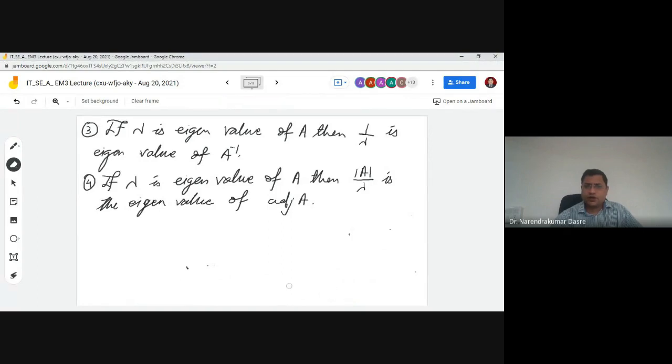So the eigenvalue of adjoint of A is equal to determinant of A upon lambda.